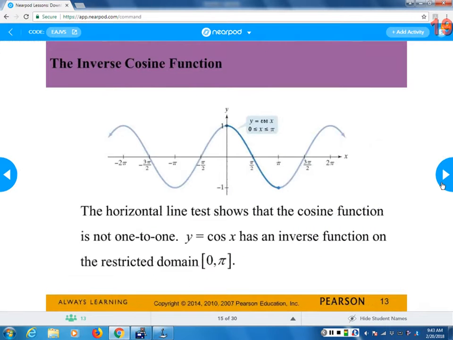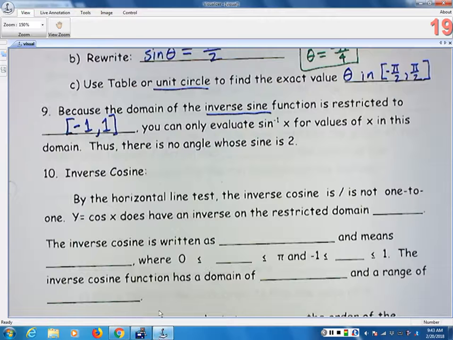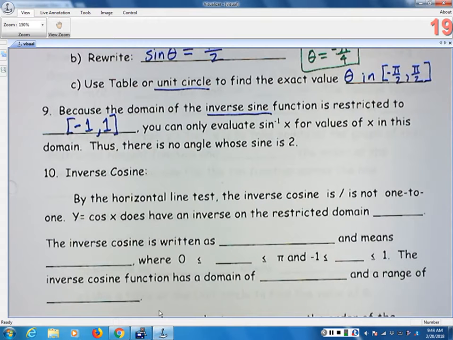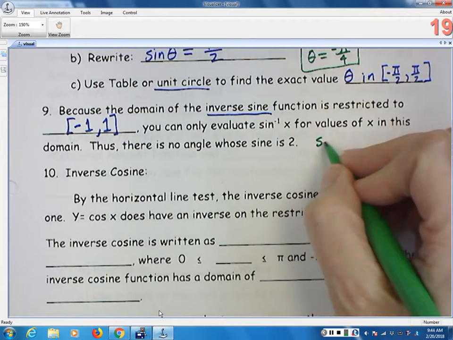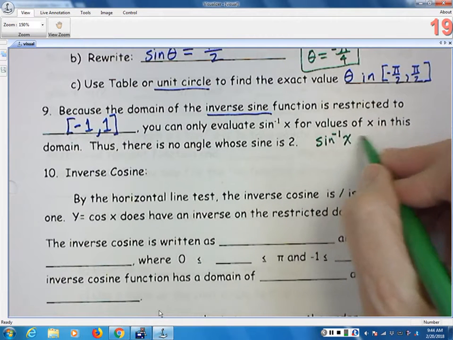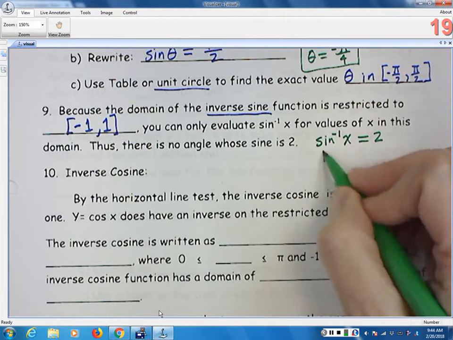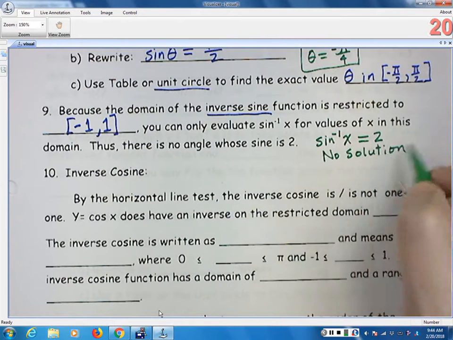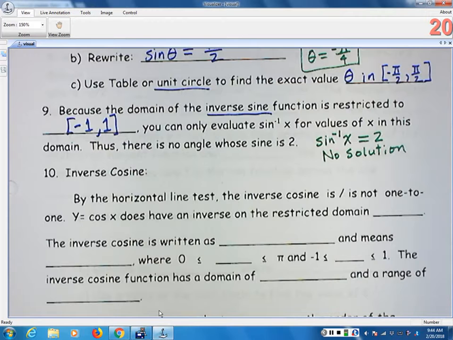So if you've got sine inverse of x equals 2, there would be no solution. That's what this is saying.